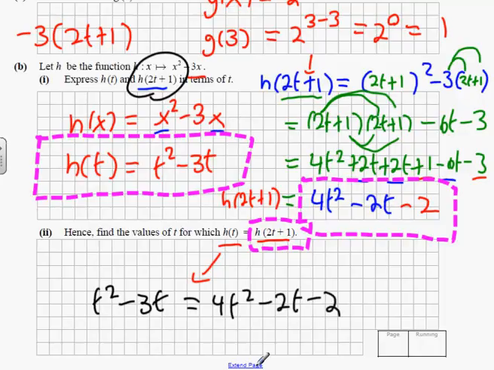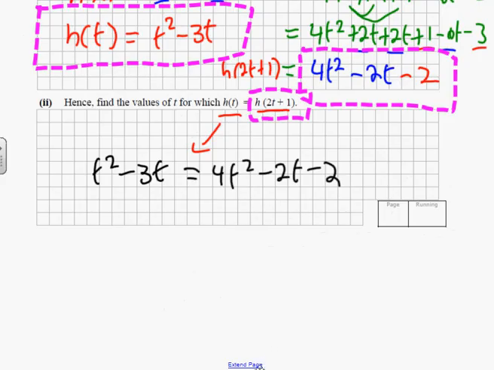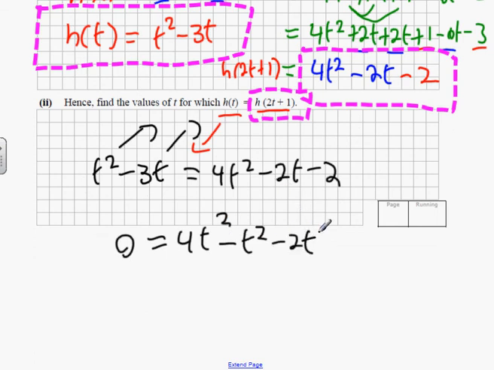Now, what type of equation is this going to turn out to be? Move it over to one side, what happens? 0 equals 4t squared minus t squared. And what happens to the 3t when it gets sent over?